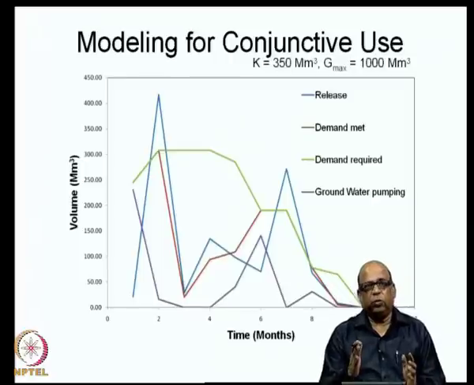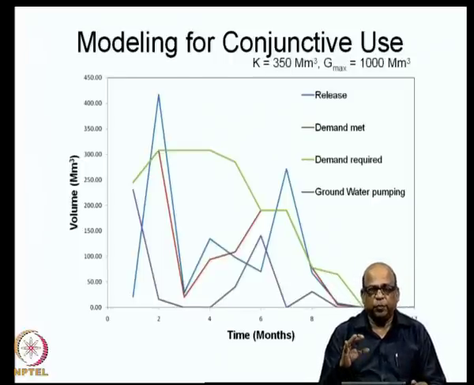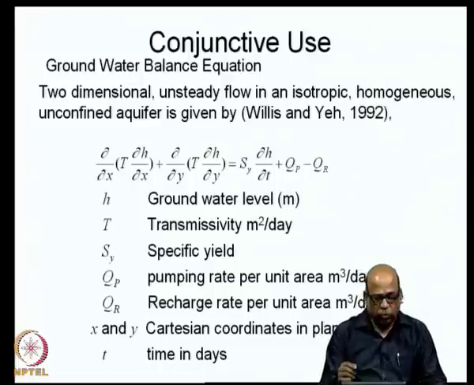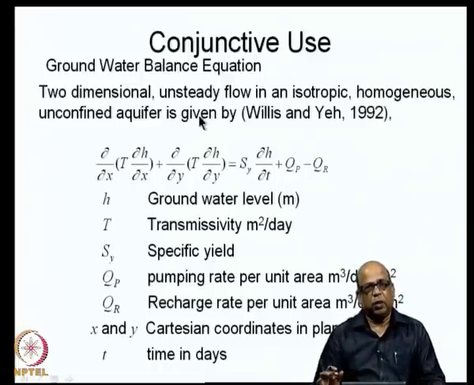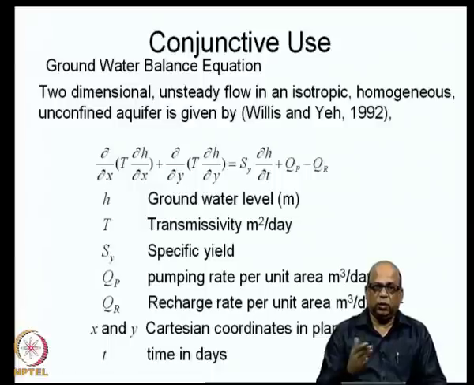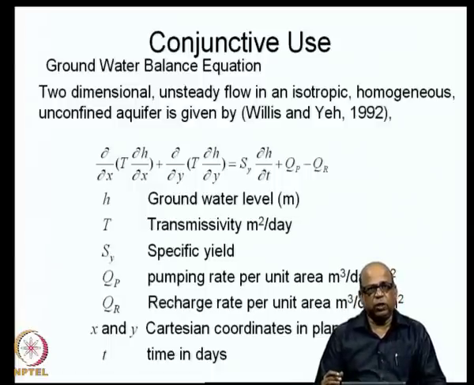So, this is how you model the conjunctive use of surface as well as groundwater, and this is the simplest model. You can also include a two-dimensional unsteady flow for the groundwater flow itself. In this example that I just discussed, what we did was that we took it as a lumped model.